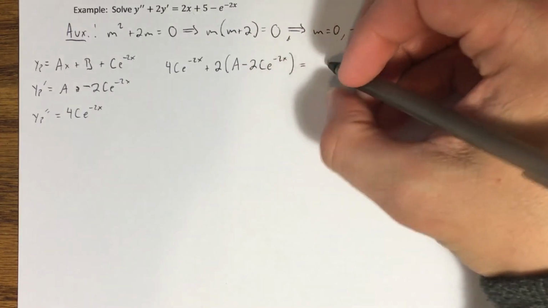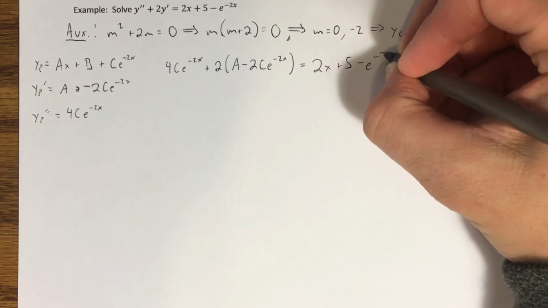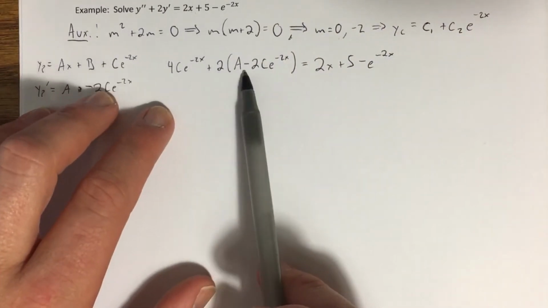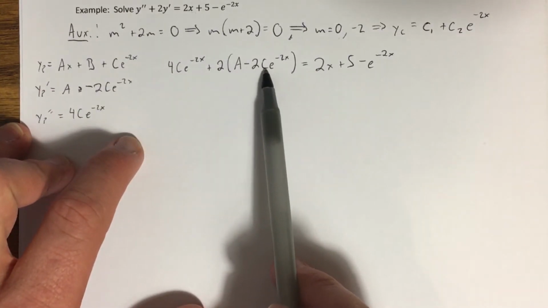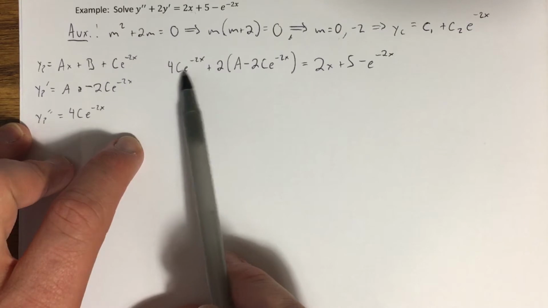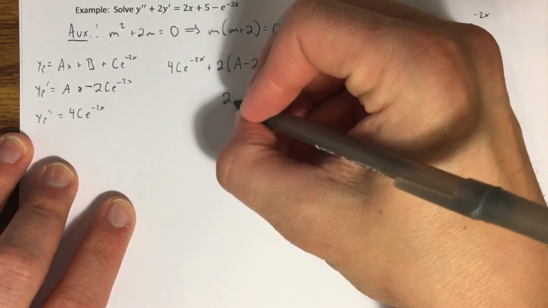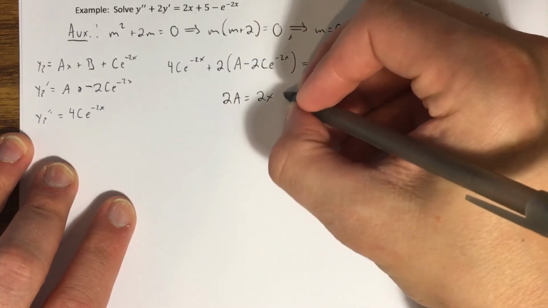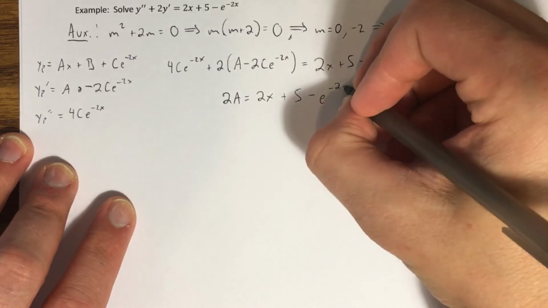And that should come out to 2x plus 5 minus e to the negative 2x. Now look at what happens here. When I distribute this 2 in, I'm going to get a 2a here, but then I'm also going to get a negative 4c e to the negative 2x, which will completely cancel with this guy. And that leaves me with this: 2a equals 2x plus 5 minus e to the negative 2x.